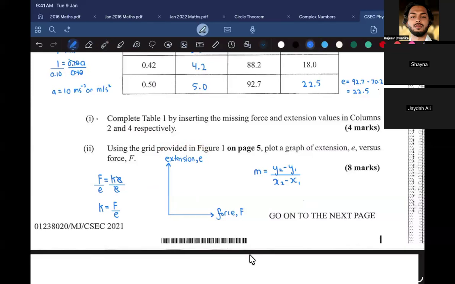Extension. So when you find the gradient, you're really finding extension over what? What's on the x-axis? Force. So you're really finding E over F. Is that K? No. What is K? F over E. What's the relationship between F over E and E over F?